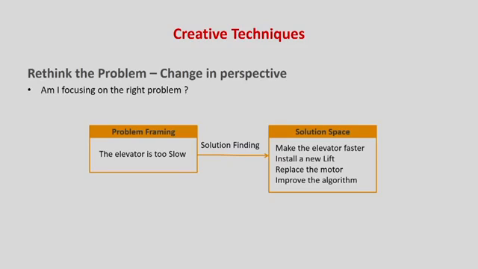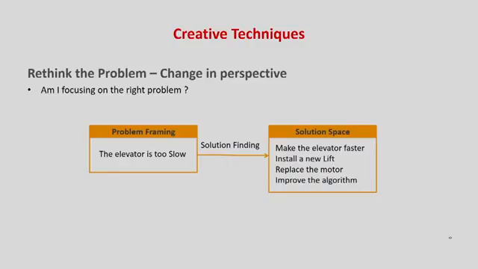So, the first technique that we have discussed today tells us to work with forced constraints. I am sure with the examples that I have given, you have got a glimpse of what forced constraints talk about. We will now move on to the next technique, which talks about rethink the problem, change in perspective.